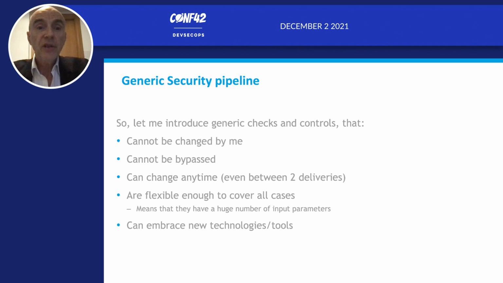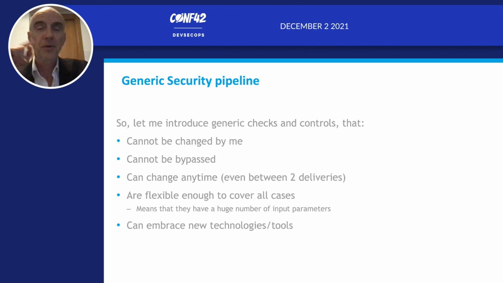The important thing is that they cannot be changed by me. I am working on the project, so I don't have the choice to go or not go through that security pipeline. I have to be compliant. I cannot bypass these checks. They can change anytime, even between two deliveries.